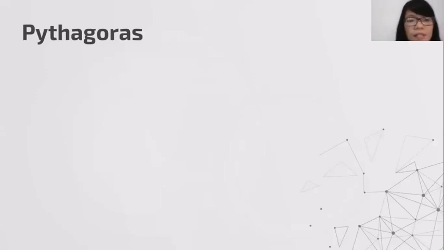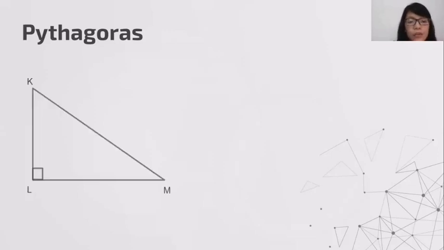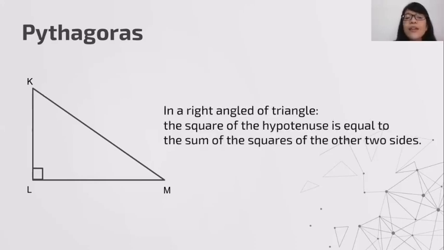Pythagoras. Actually, the theorem of Pythagoras, we already learned it before, but I will just repeat what the definition of this theorem is. It starts from a right angled triangle. The theorem of Pythagoras says that in a right angled triangle, the square of the hypotenuse, do you remember the hypotenuse?